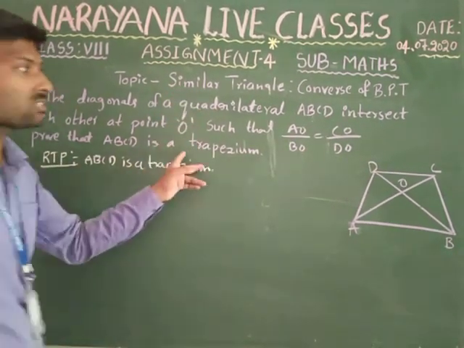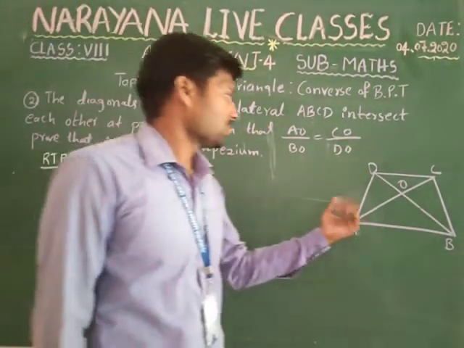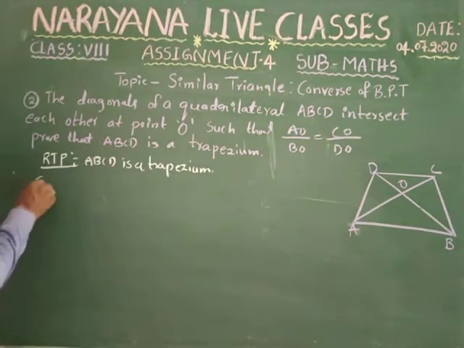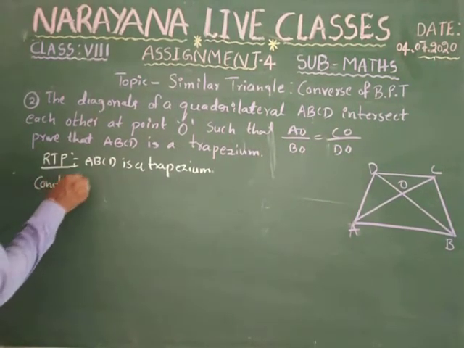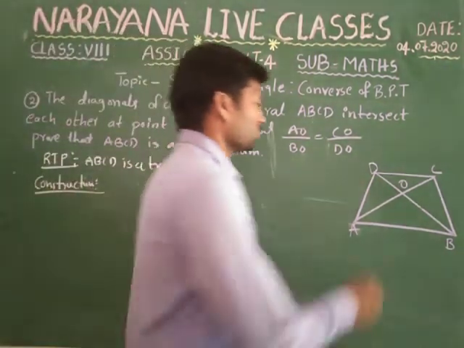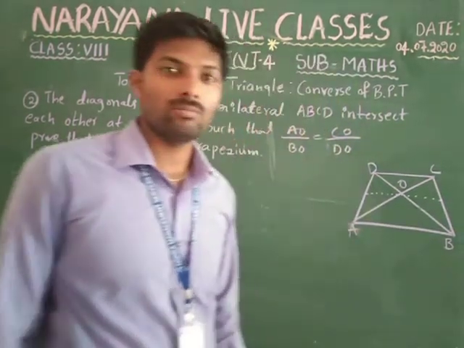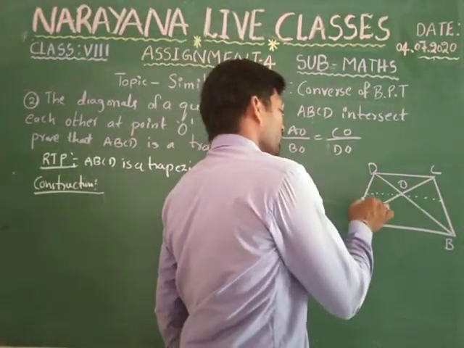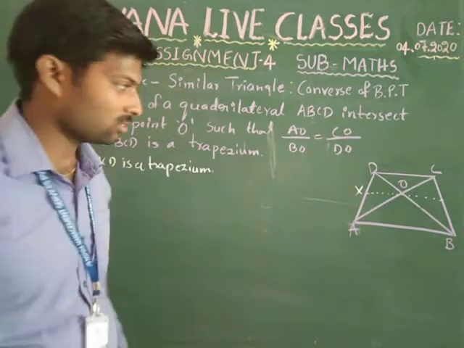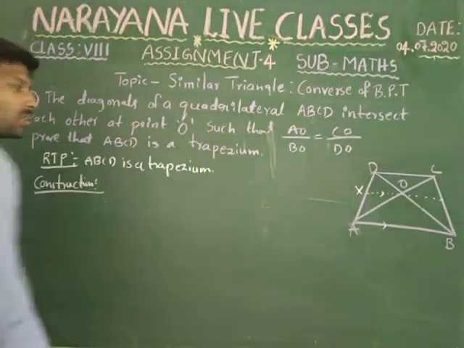This is an application of the converse of the basic proportionality theorem; we have to use that statement. So what is the external construction needed to prove this? Draw a line parallel to AB, which will intersect AD at X, so that these two lines are parallel to each other.